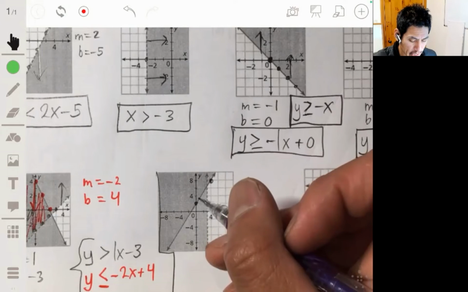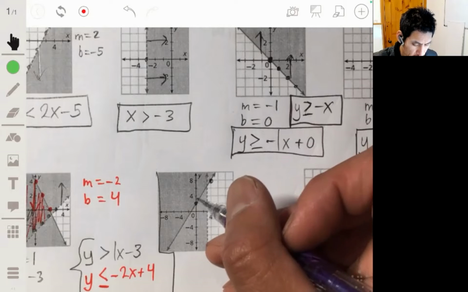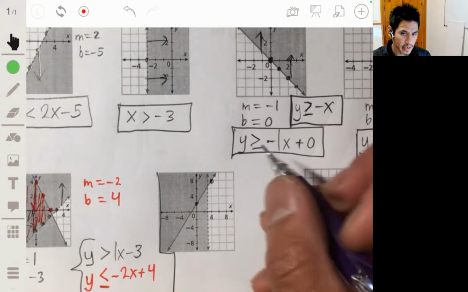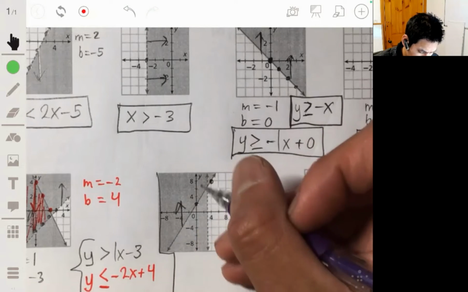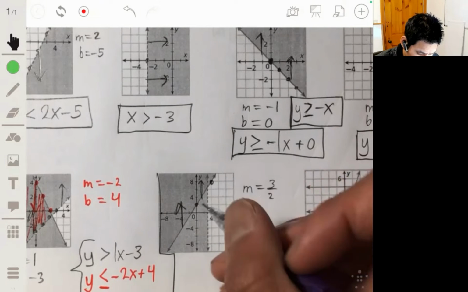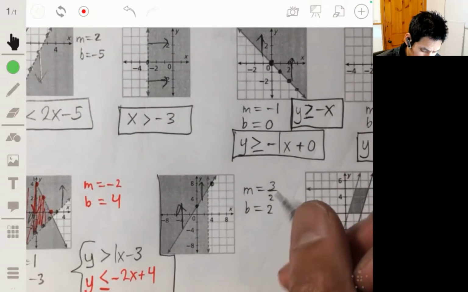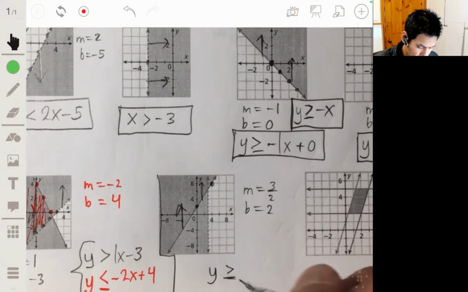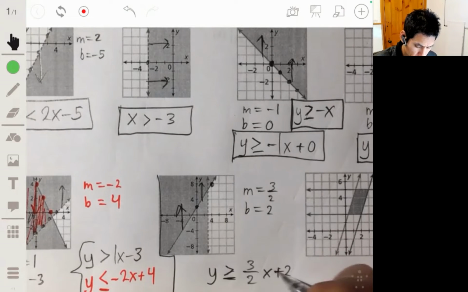You can say this is 3/2, or you can calculate it to be 6/4. Same thing. It doesn't matter. But we know it's going to be above that line. So slope of 3/2, y-intercept is 2. And above this line, so we have y is greater than or equal to 3/2 x plus 2.